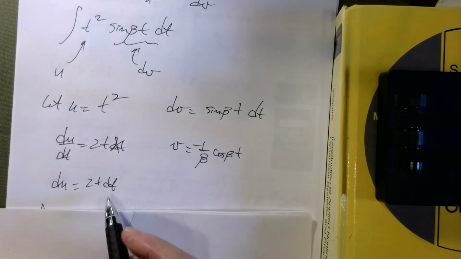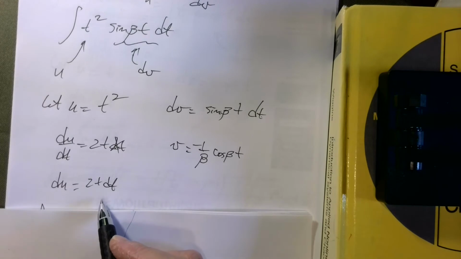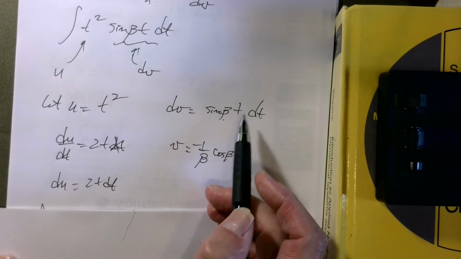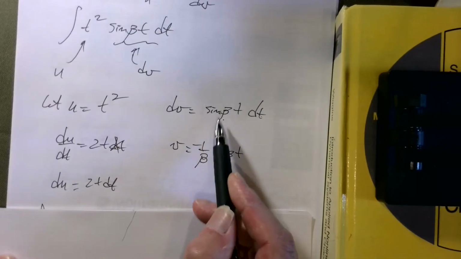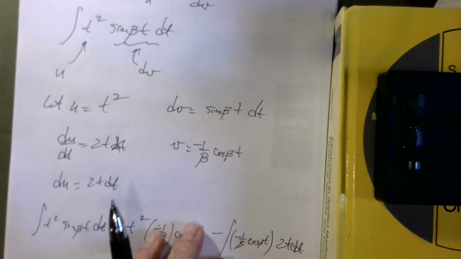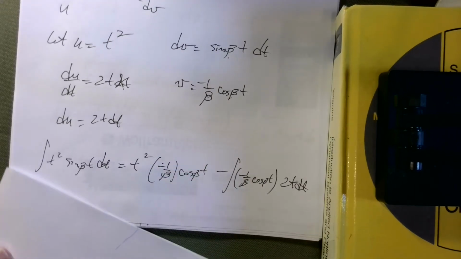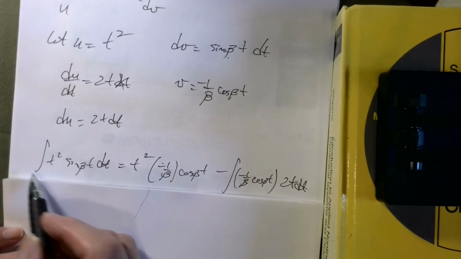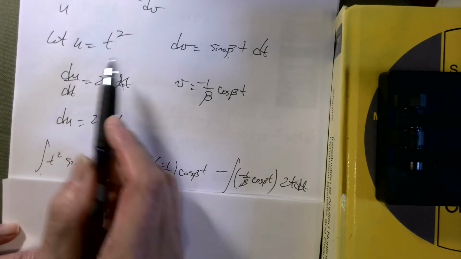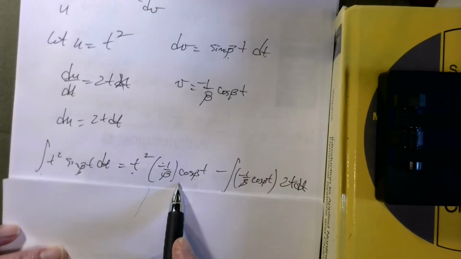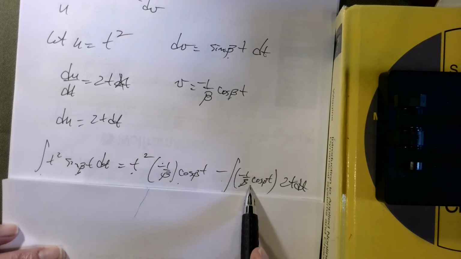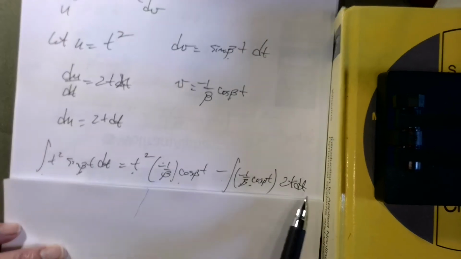And then we multiply both sides, and we get du. I can integrate the sine to get a negative cosine. Remember, your v is going to have to be the beta t. So you're going to have to put a beta in and take one out. So now what we do is we substitute in our integral of u dv equals u, which is this guy, v, which is this guy, minus the integral of v, and my du is 2t dt.